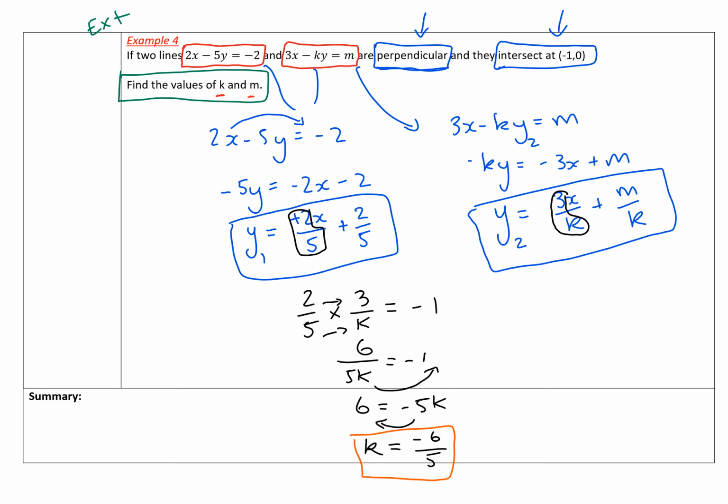I also know that they intersect, both these lines intersect, at negative 1, 0. So let's see if I can use this value of k to help me find the value of m.